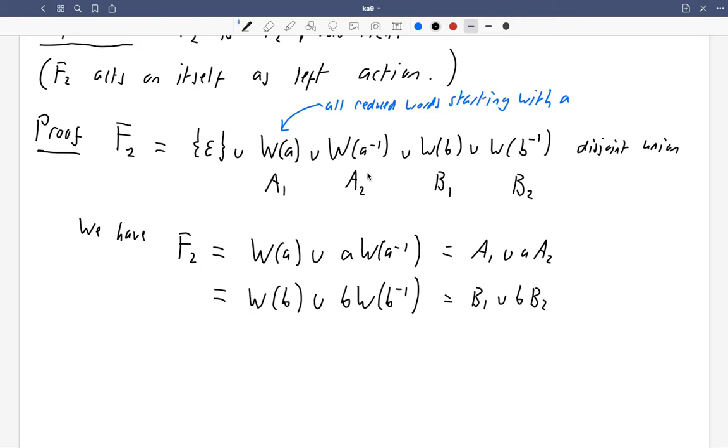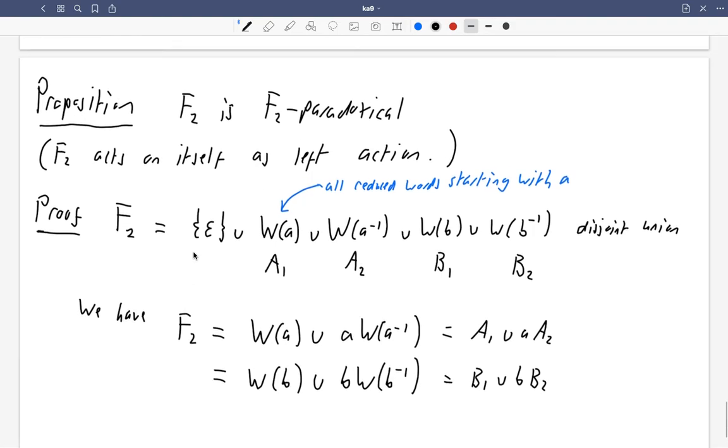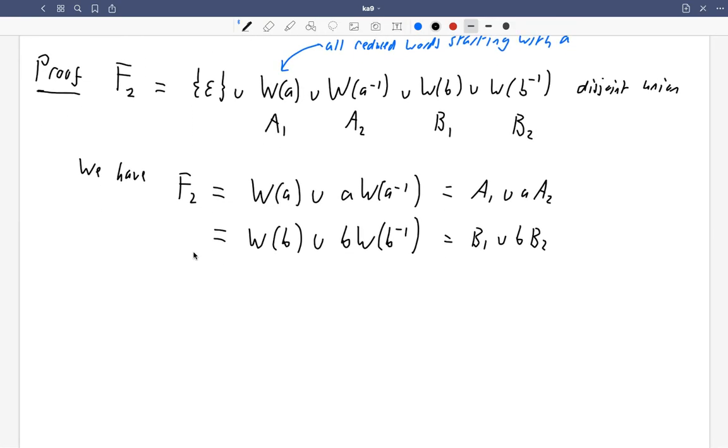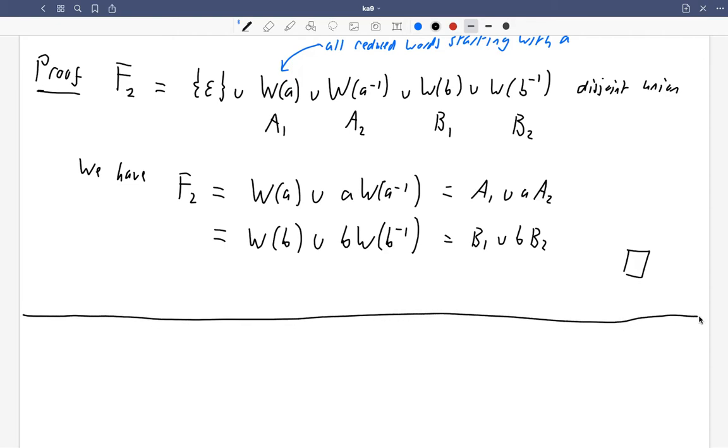So we have indeed shifted these sets by elements of the group so that the unions of the shifted things give us back the whole of the set we started with, the whole of F2. So this indeed establishes the paradoxicality of F2. Okay, so that's the end of step 3.